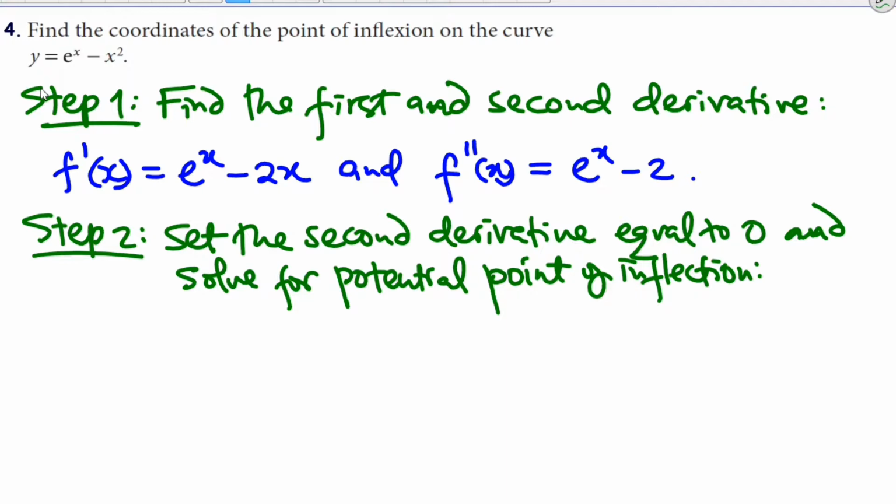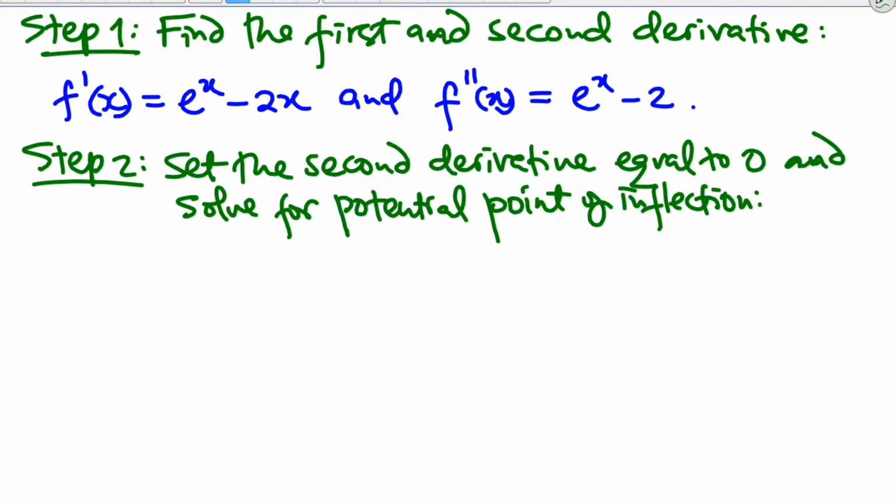So what that means is I take my second derivative, which is e to power x minus 2, equate it to 0, which means e to power x will be equal to 2.